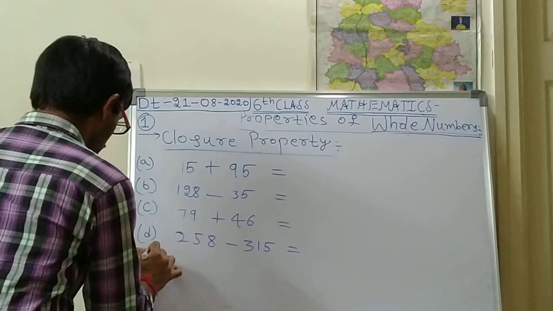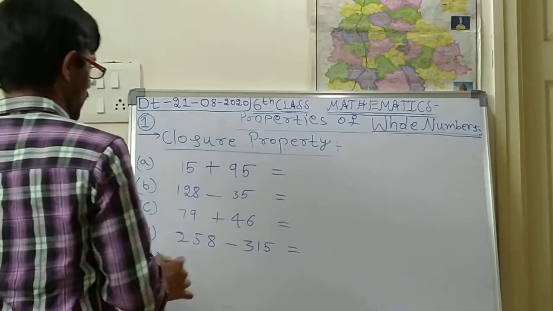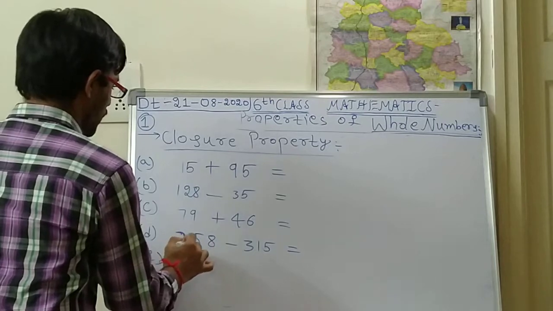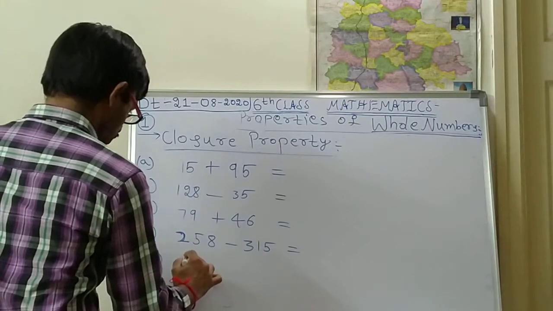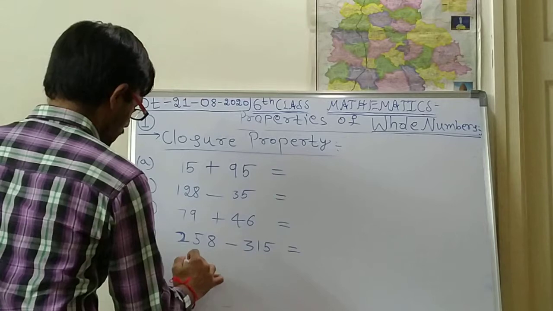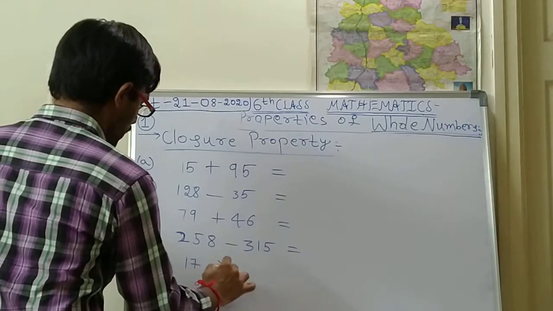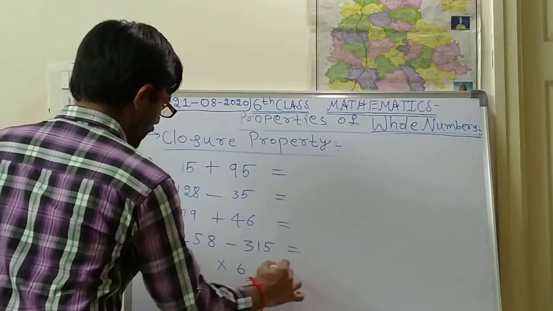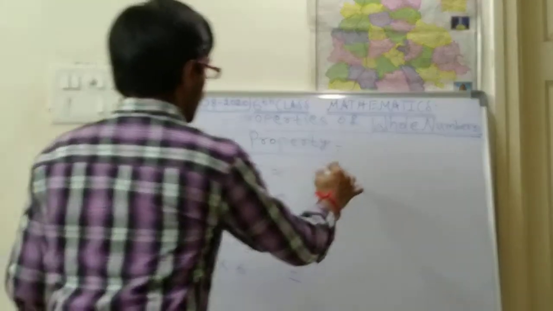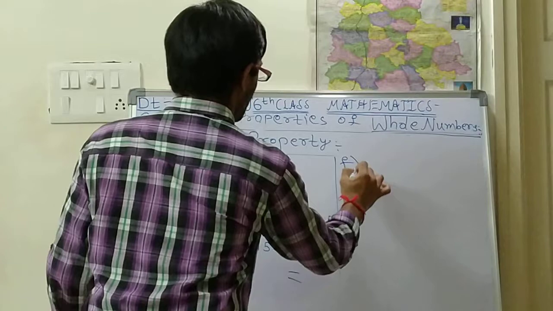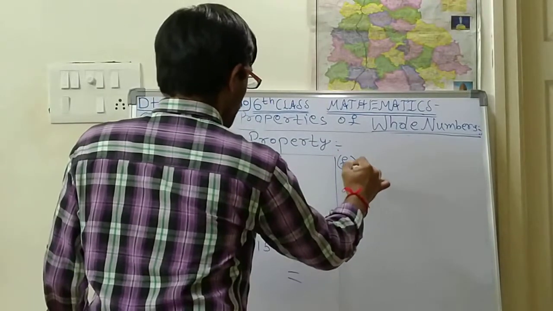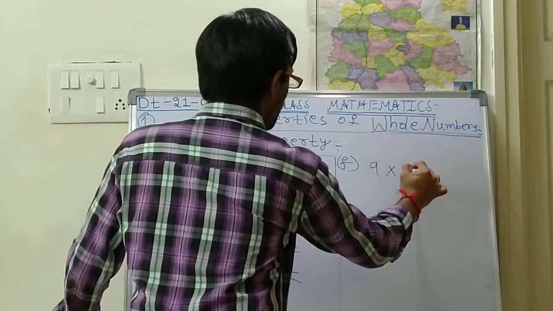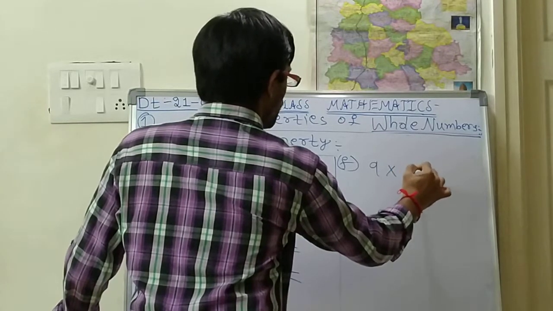Next, E problem is 17 into 6. Next, F, 9 into 200.